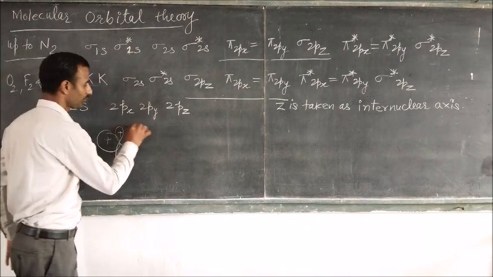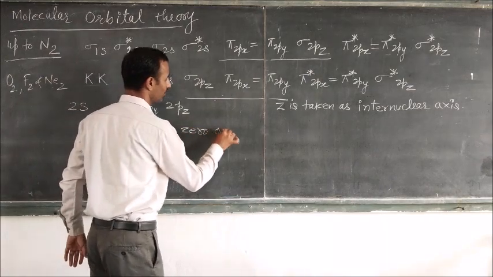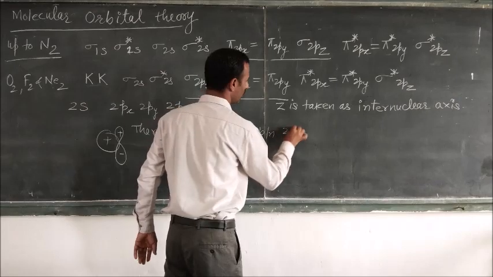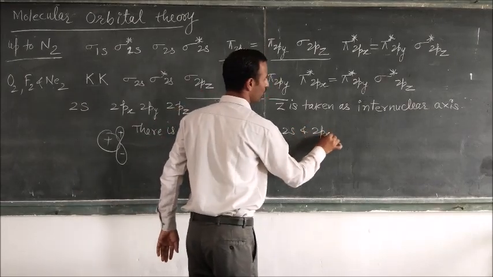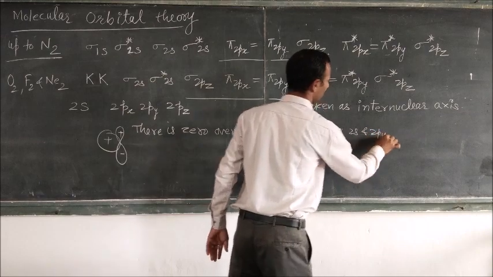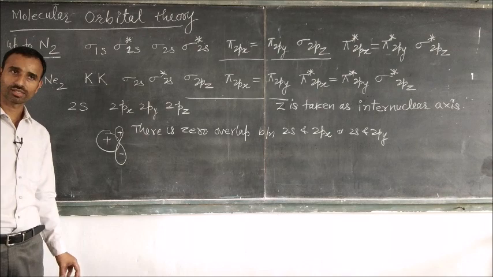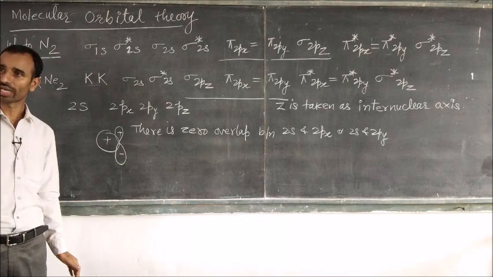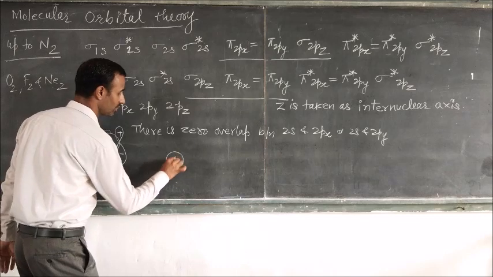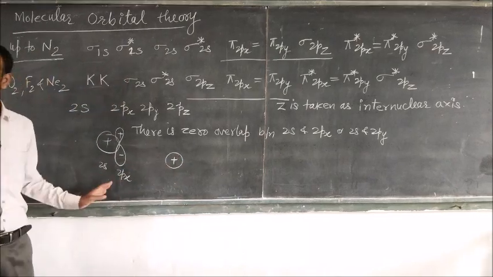There is zero overlap between 2s and 2px, or 2s and 2py. That means there is no interaction between 2s and 2px, or 2s and 2py. This is 2px, and the same is the case with 2py.